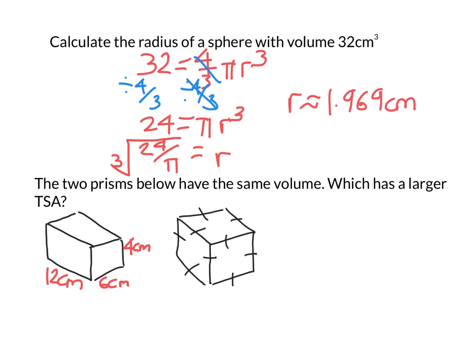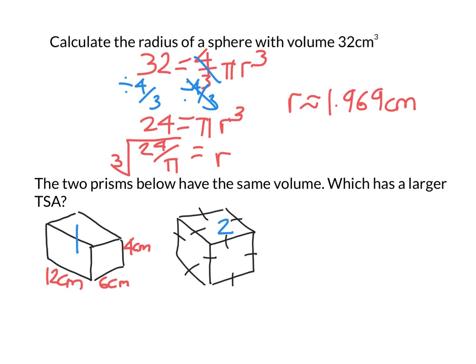All right, let's look at this one. 2 prisms below have the same volume, which has a larger surface area. Well, you might be able to guess off the top of your head, but to formally show that, we're going to need to find the surface area of each of these shapes. So I'm going to call this shape 1 and shape 2.